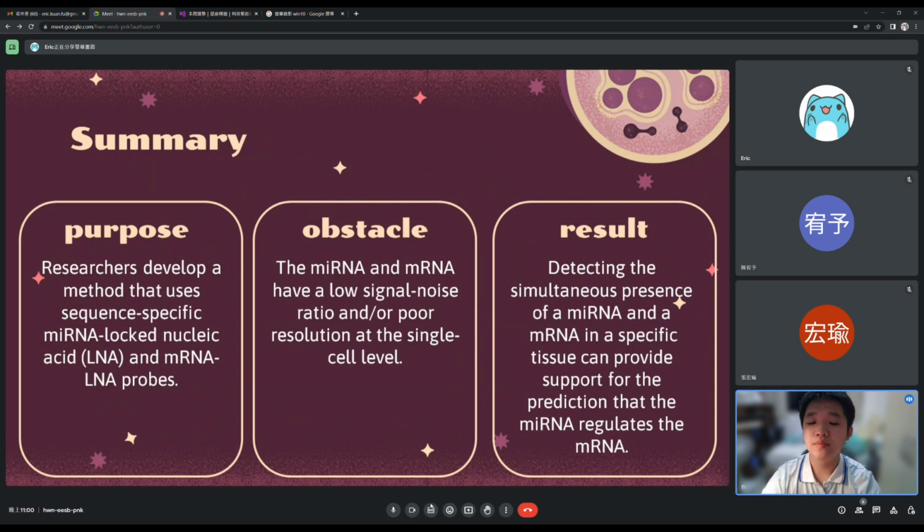Also, two such methods have been developed for mammalian tissues. They have a low signal-noise ratio and poor resolution at the single-cell level. To overcome these drawbacks, we developed a method that uses sequence-specific microRNA and mRNA locked nucleic acid (LNA) probes.